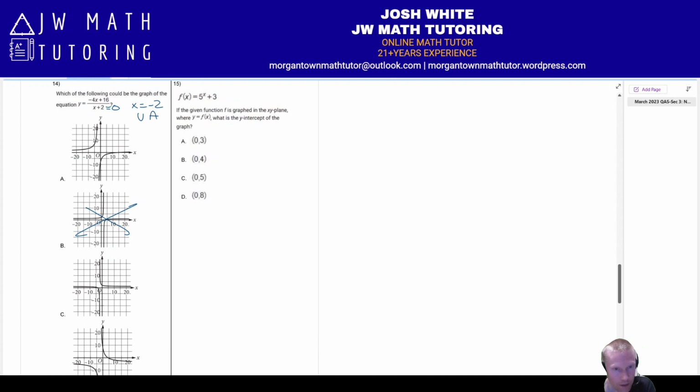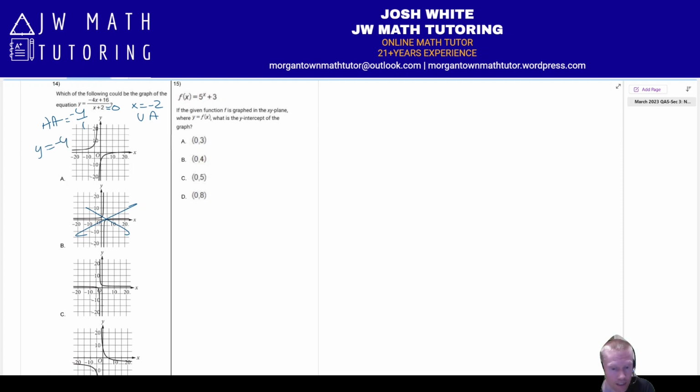Now, the next thing that we can look at here is the horizontal asymptote. Because the degrees on the top and bottom are the same, they're each x to the first, the horizontal asymptote will be -4/1. It goes to the leading coefficients. So in other words, y equals -4.